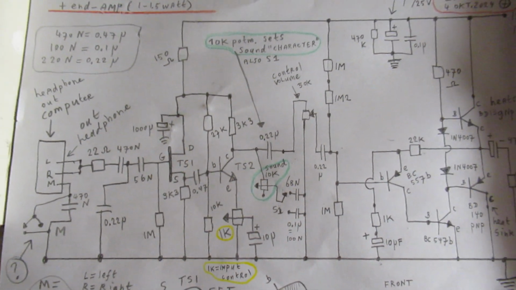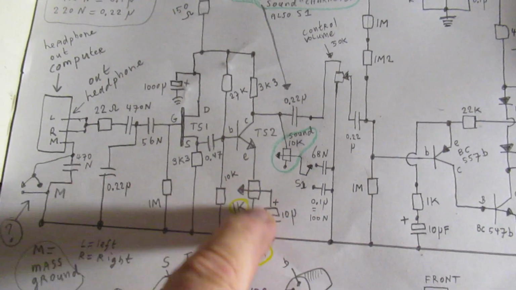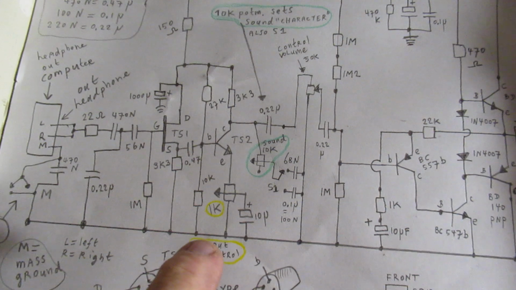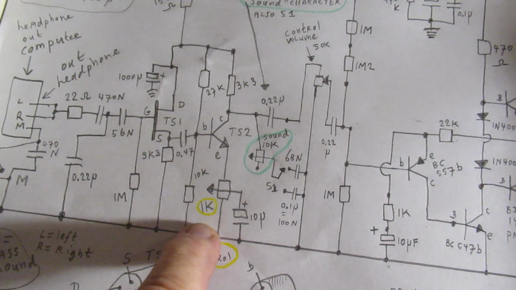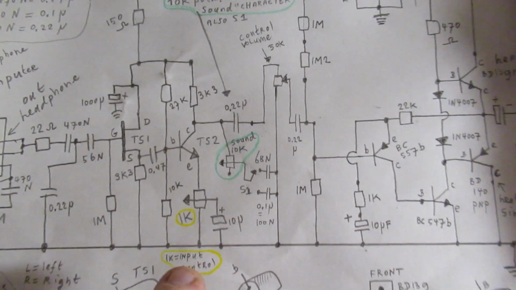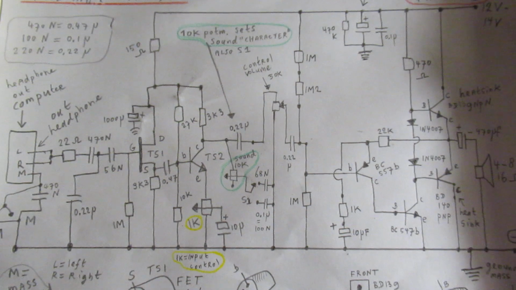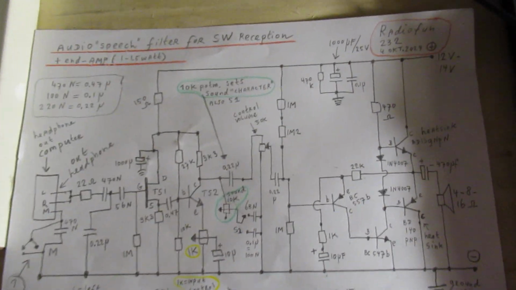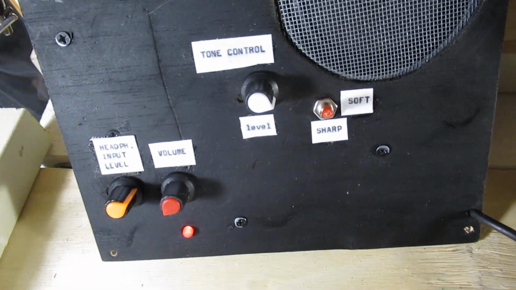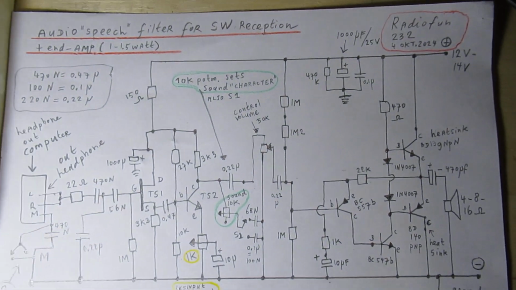That is a grounded emitter stage, and when you change the value of that potentiometer, the audio amplification of this second stage changes very substantially in a positive way. So that potentiometer is showed.